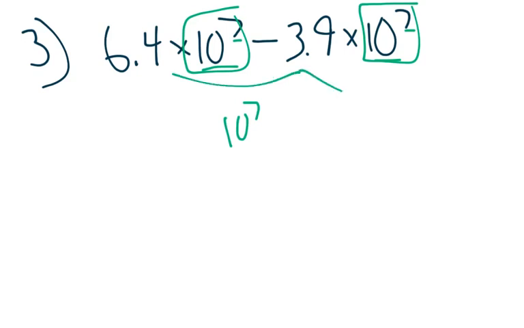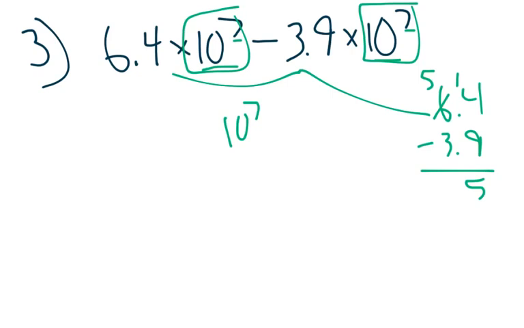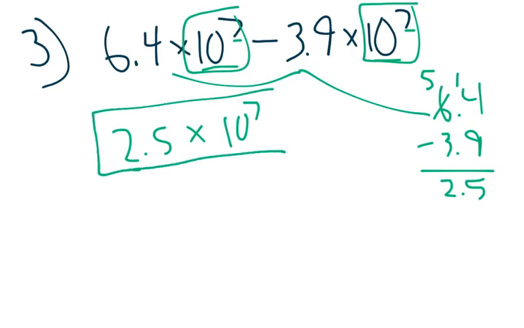And then do some scratch work with the subtraction here. So 6.4 minus 3.9. Turn this into a 5, make this 14. 14 minus 9 is 5, 5 minus 3 is 2, so 2.5 times 10 to the 7th. Since that's acceptable for scientific notation, we can box it and walk away.